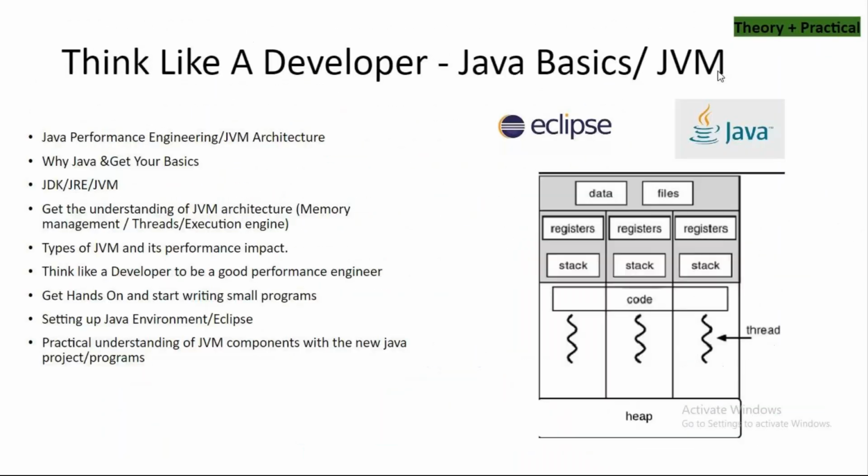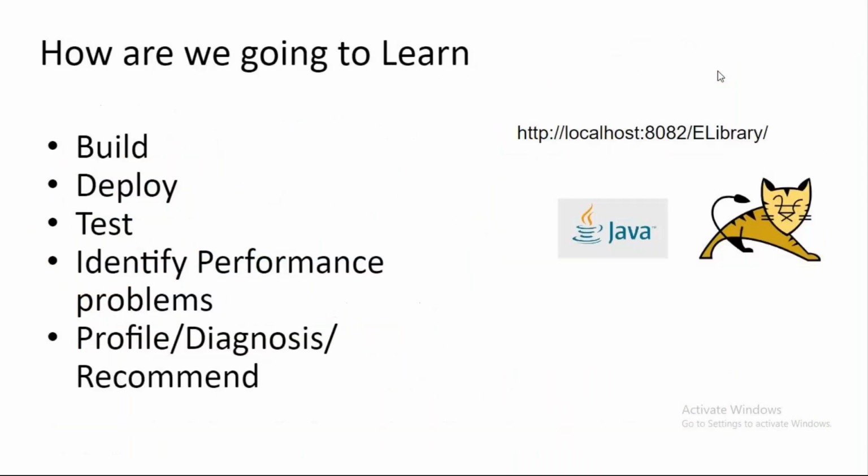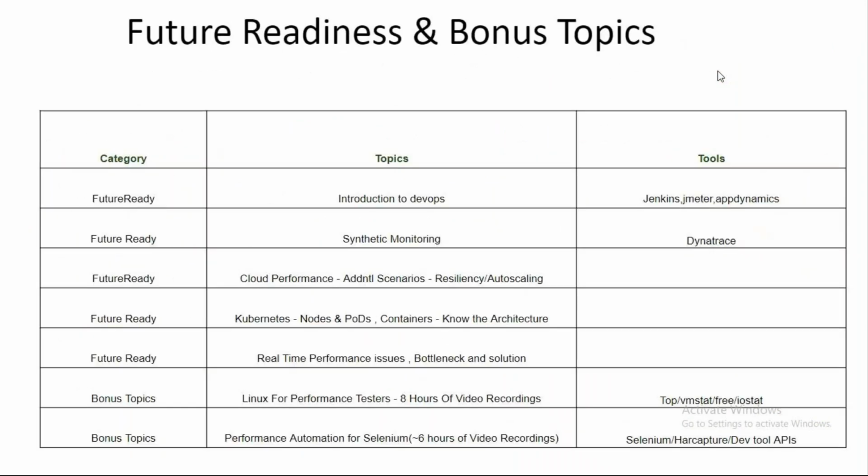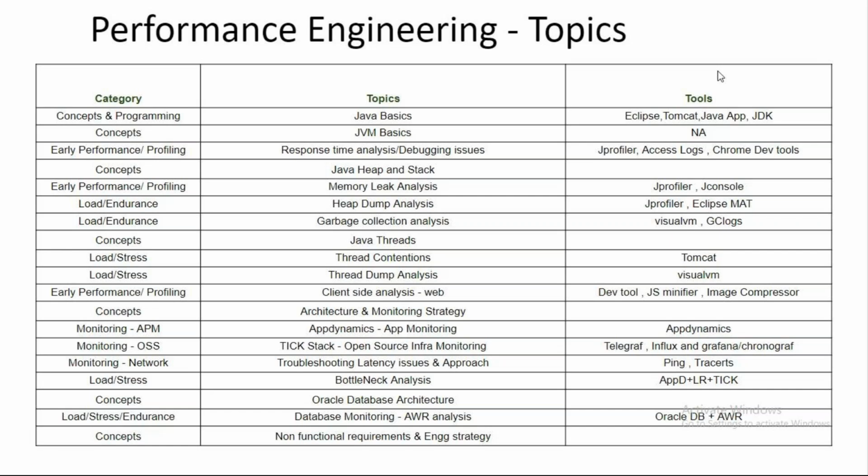Once we do all these things, you will know in an application, in a project, starting from shift left, then during testing and monitoring, everything, what to do. Then we'll learn how to create an engineering strategy, because we cannot do everything every time, for every project, every release. So we need to know when to do certain things.